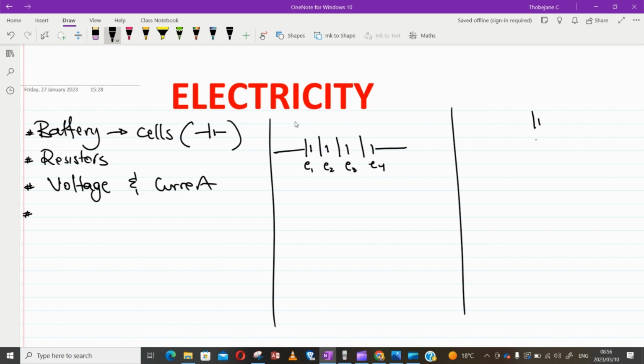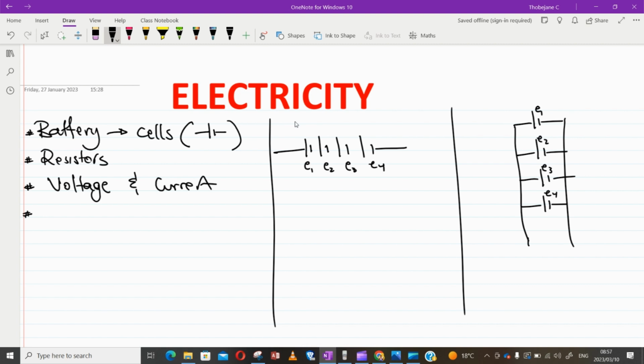And we also have the very same cells connected in parallel in a different scenario, namely E1, E2, E3, E4.